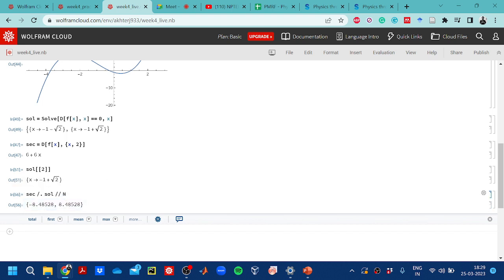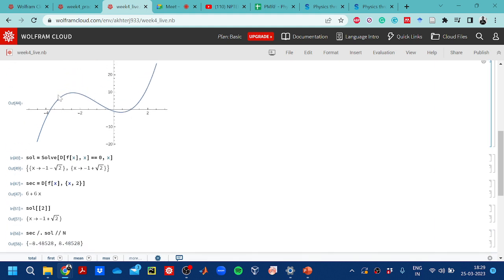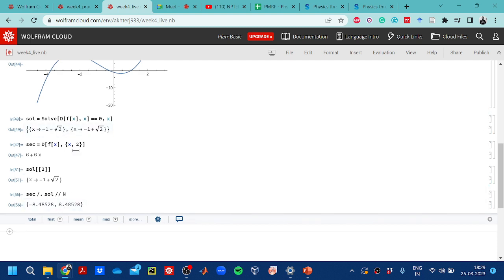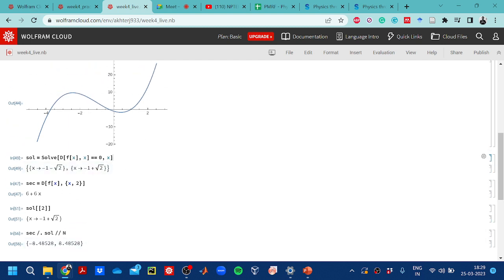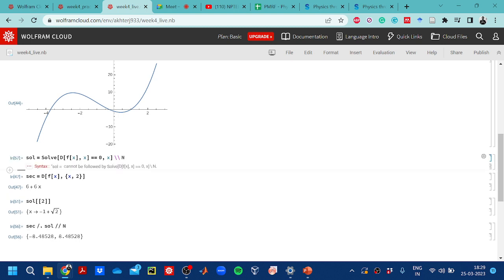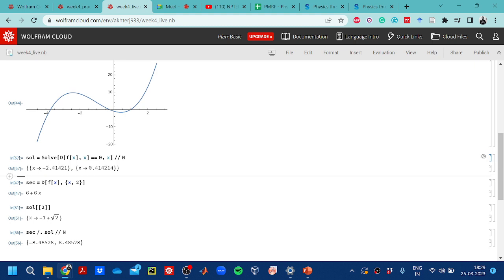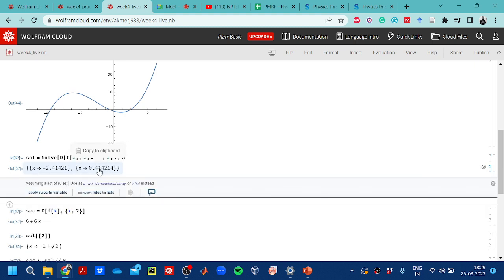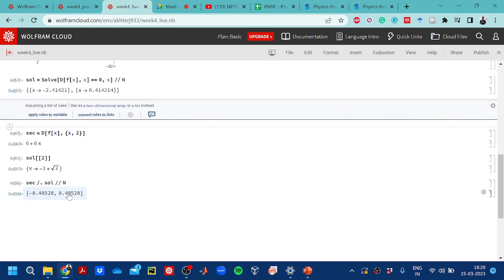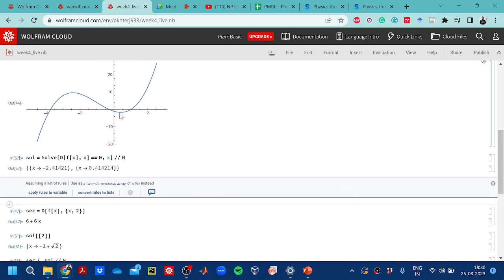That means around this point it has a local maxima. And at x equal to 0.41, we observe that the second order derivative value is positive, so around this point the function has a minimum value.